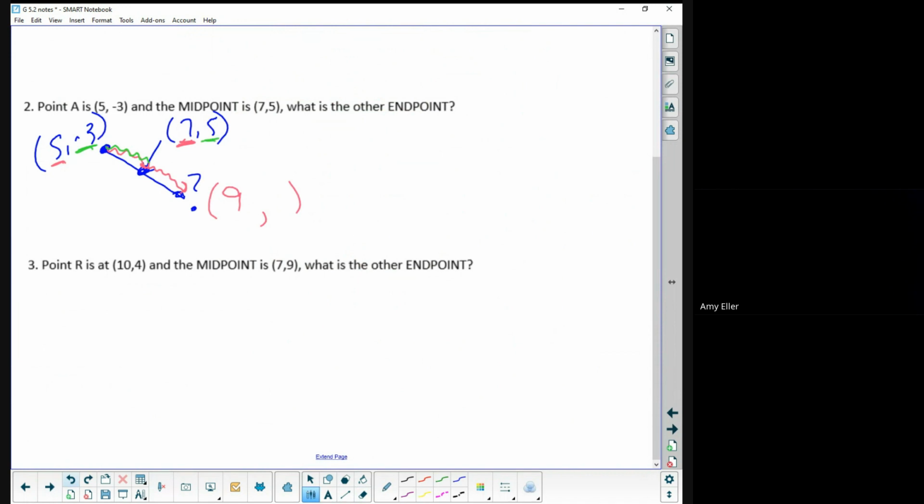How much did I walk? -3 to 5. I walked up 8. So what do I need to do to get to the other side? I need to walk up 8 more. I'm at 5. Walk up 8 more. I'm at 13. This is my answer.